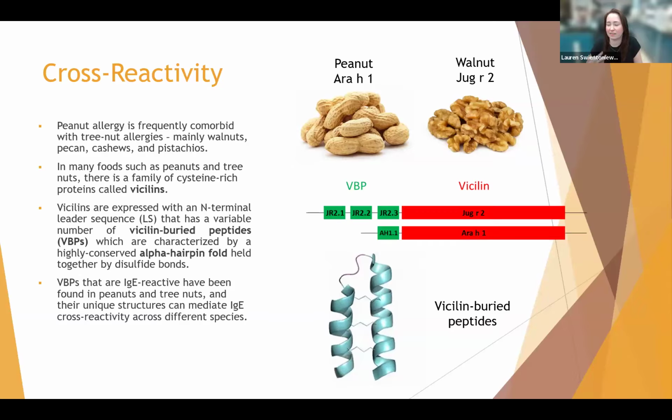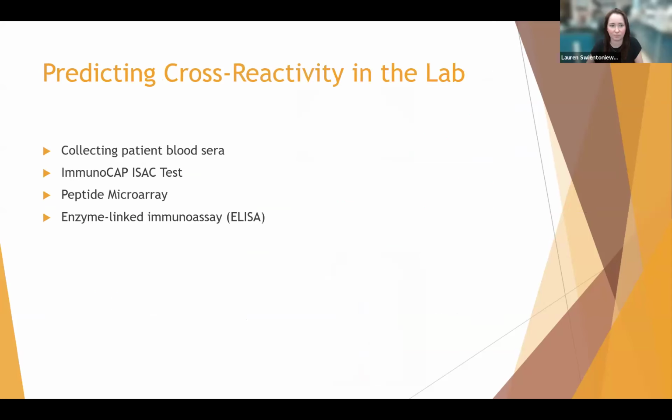We think that the IgE, or our immune cells, recognize not only the sequence of allergens in this protein, but actually the way that they are folded. So they look at the shape, and that's what triggers your cells to bind to that allergen, and you become allergic.